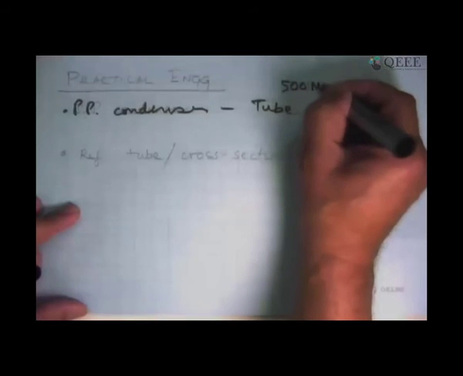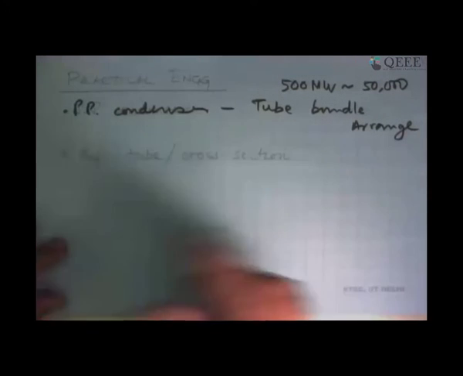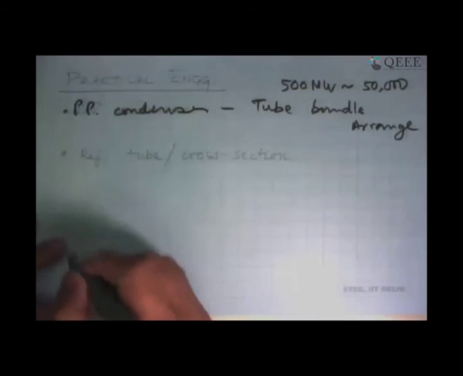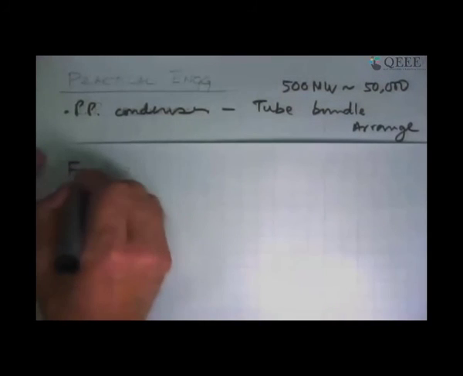So that's an important thing that happens here. And remember, in a large power station like a 500 megawatt unit, the number of tubes could be of the order of 50,000 tubes. It is not a small number, a very large number of tubes. So that's one thing. And what happens in such cases is something that is a real world thing, which is called fouling.